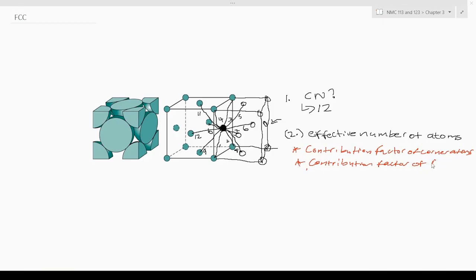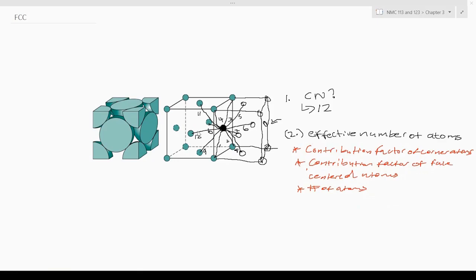Contribution factor of face-centered atoms. And then after you do that, you get the number of atoms for each, right? So how many corner atoms are there, and then how many face-centered atoms are there? So that's how you get it.